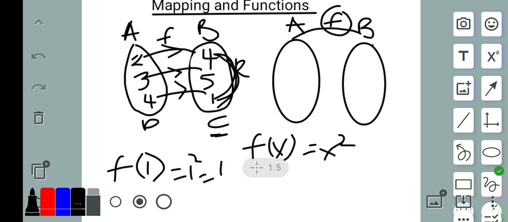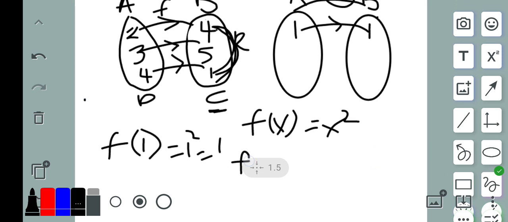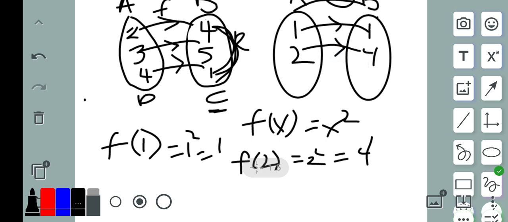So 1 maps to 1. f of 2 will be 2 squared, which is 4. So 2 is mapped to 4. And let's say we have f of 3, which is 9. 3 is mapped to 9.